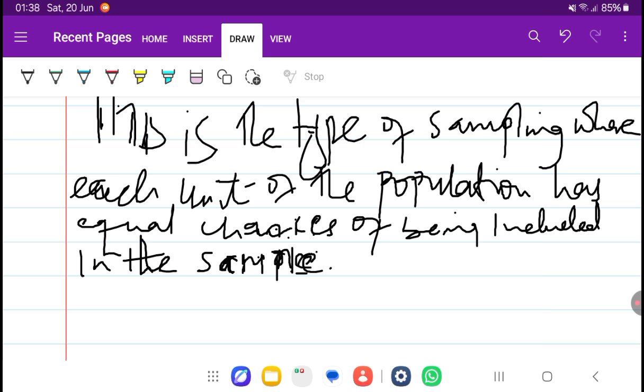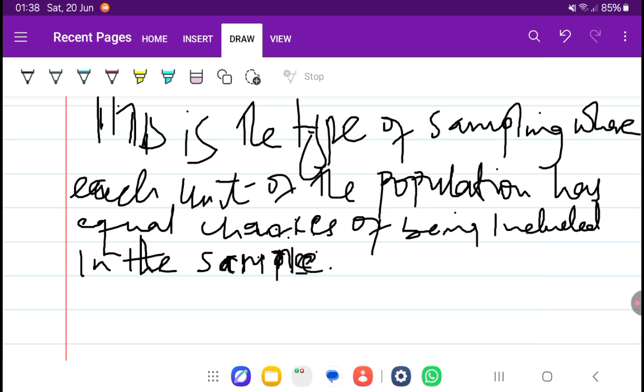Now, of course, we've known that there are only two categories of sampling: the random sampling, or what you call the probability sampling, or probabilistic sampling methods or techniques. But within the probabilistic sampling techniques, we have very many types that we are going to look at.